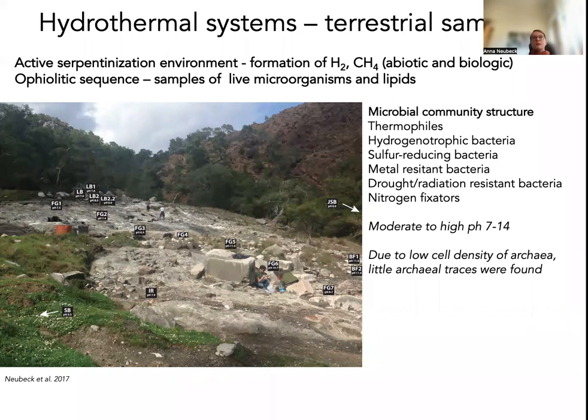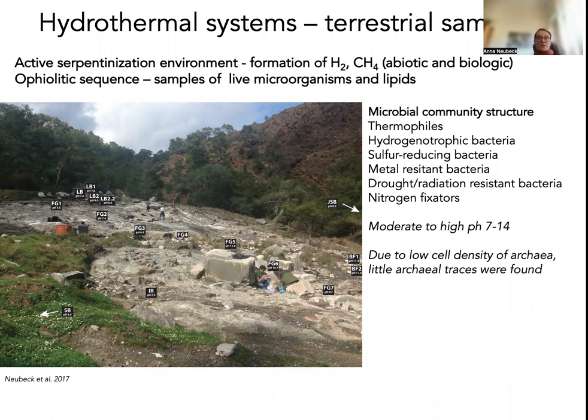But what we found in the living community on and within the ophiolitic waters was thermophilic microorganisms, of course, because the temperature was quite high, up to 80 degrees Celsius at some parts. And we, of course, found a lot of hydrogenotrophic bacteria that lived from the hydrogen that was formed from the serpentinization reaction. And we found sulfur-reducing bacteria, metal-resistant bacteria, and nitrogen fixators.